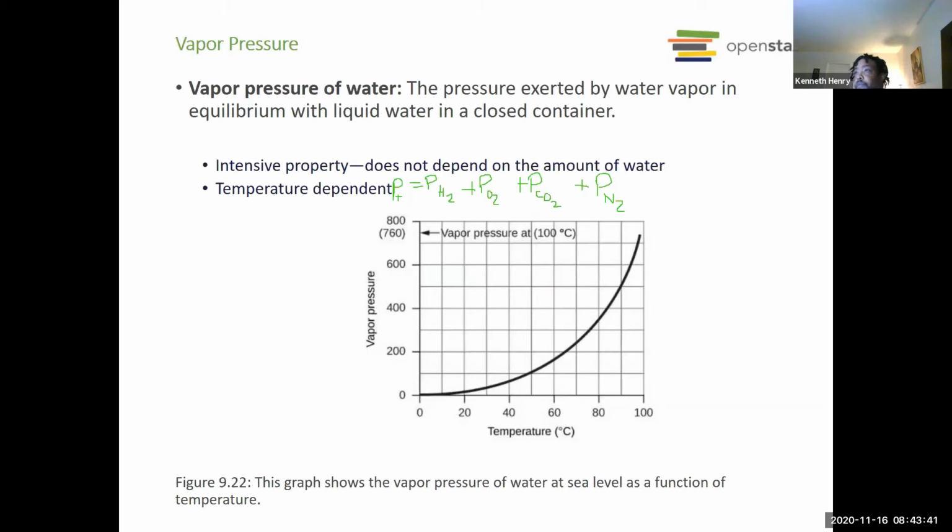Okay, so water vapor. Water vapor is an intensive property, so it doesn't depend on the amount of water that's present. It is dependent on temperature. Okay, so the water vapor is going to be dependent on temperature. And this is just a curve that's basically showing that. So if you're given the curve, let's say we did the experiment at 20 degrees Celsius, right?